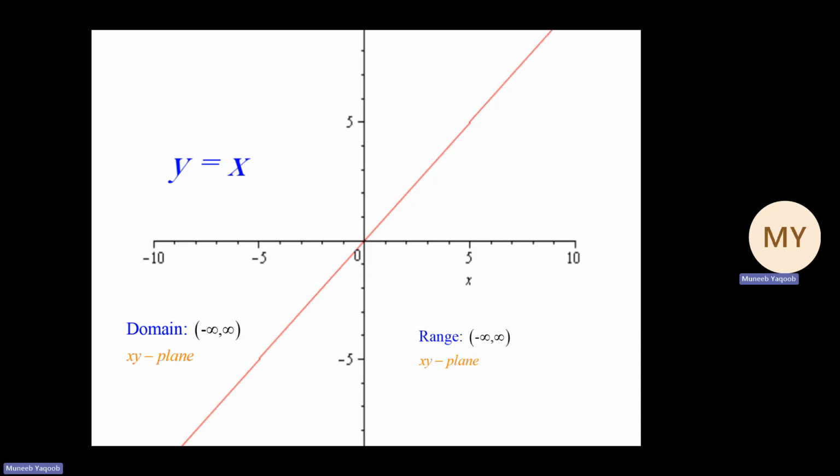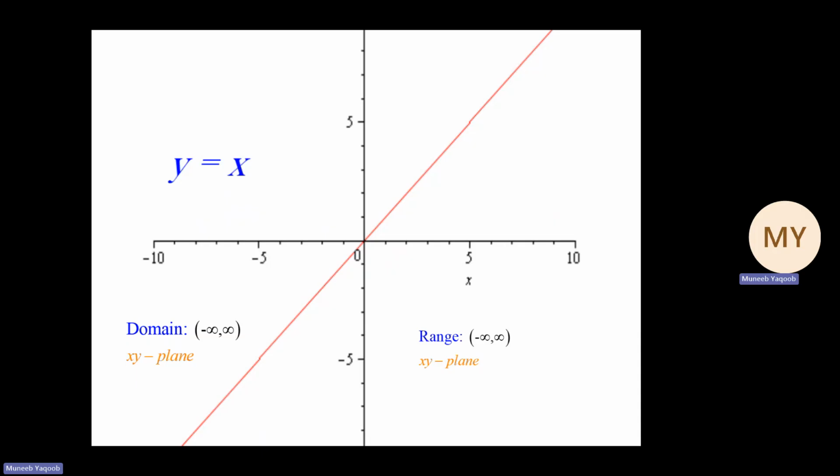It could be very low till negative infinity, and it could be very high till positive infinity. So the range of the function is also not restricted. It is the set of all real numbers, which can be written as minus infinity to infinity, where both minus infinity and infinity are not included.